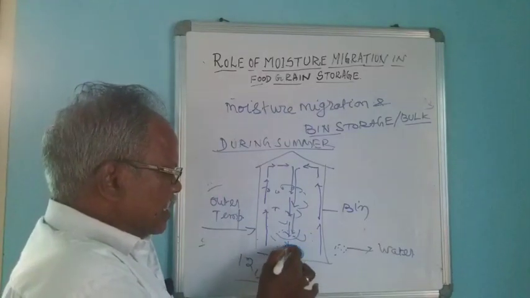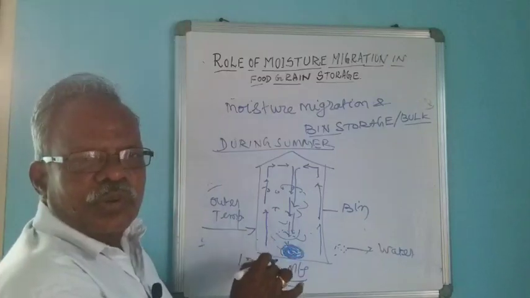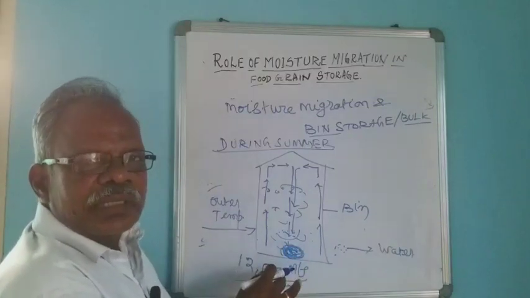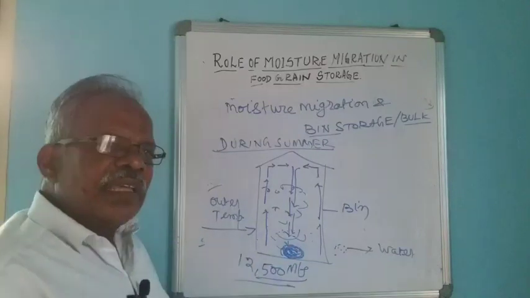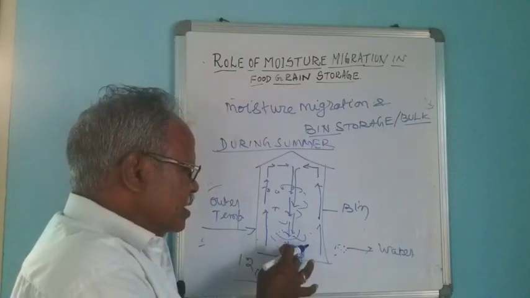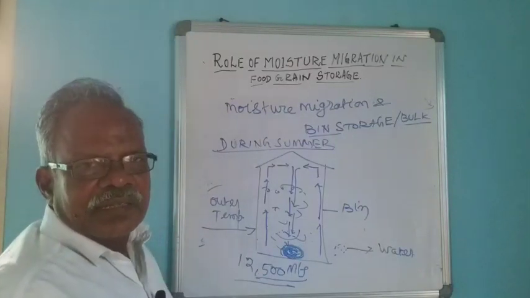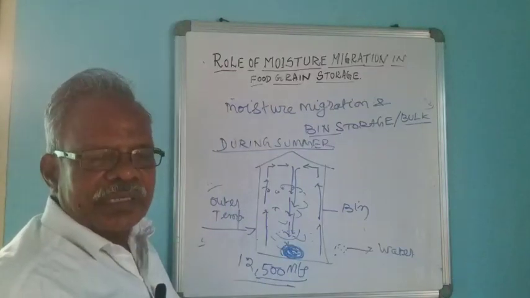It gets into touch with the bottom, where it is so cool, so it becomes condensed into water. Naturally, when the condensation happens, damage to the stock will occur. This is what happens during summer.